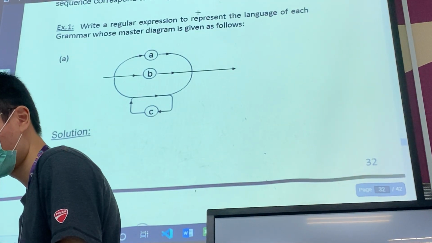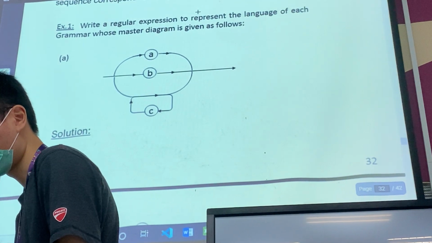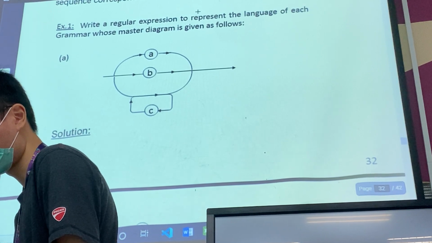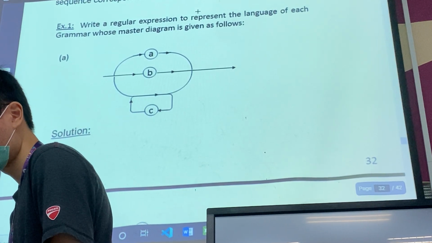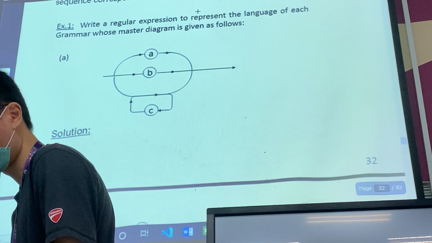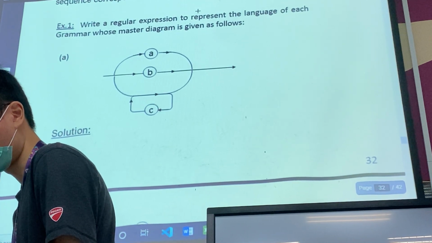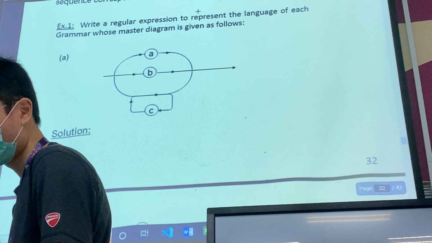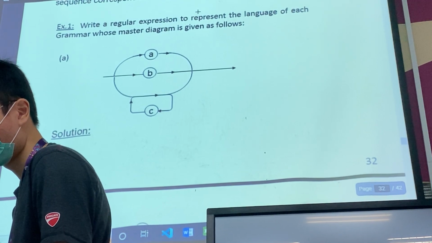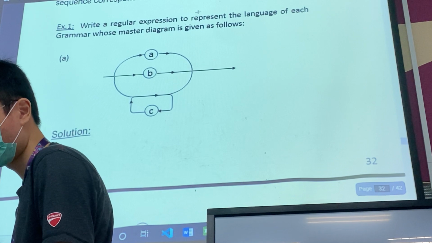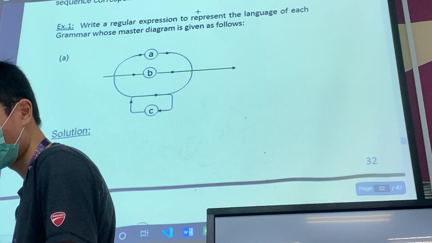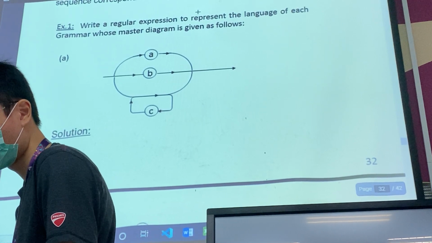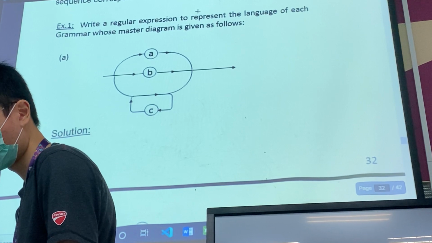You have to look at the W, which is after the A. That means the position of your W now is after the A. Then your W is replaced with BBW, or C. So if your W is here and you replace it with C, then you go to the right. If you replace it with BBW, then you go down to the loop and go back to W again. It will keep on looping as long as you keep going down the loop, until you substitute the W with C. Then C is equal.